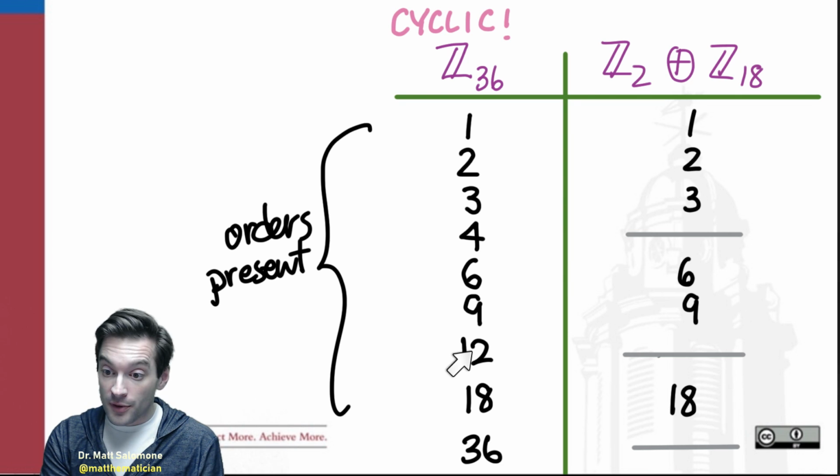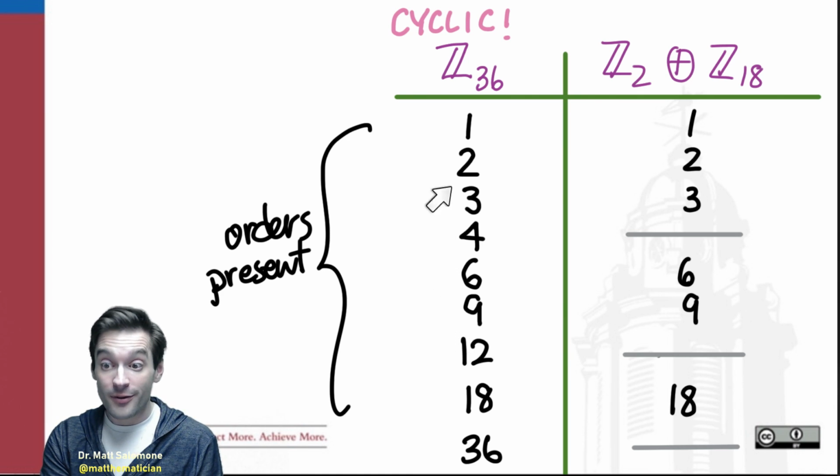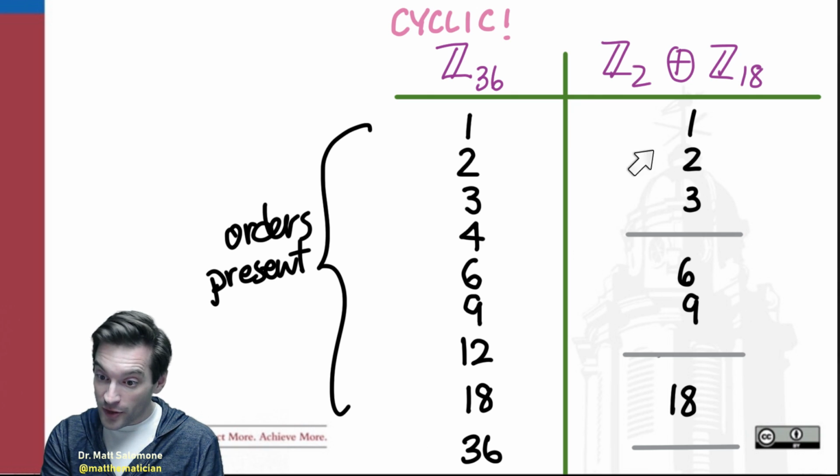Or I could also go looking for elements of order 12 and see if they're there, or go looking for elements of order 4 and see if they're there. Right? If I find even one element of order 4 in U57, then I know for sure that U57 will be isomorphic to Z36. If I find even one element of order 12, I know that my group will be isomorphic to Z36. So the only way to prove that it's isomorphic to this one is to prove that there are no such elements of order 4, 12, or 36.